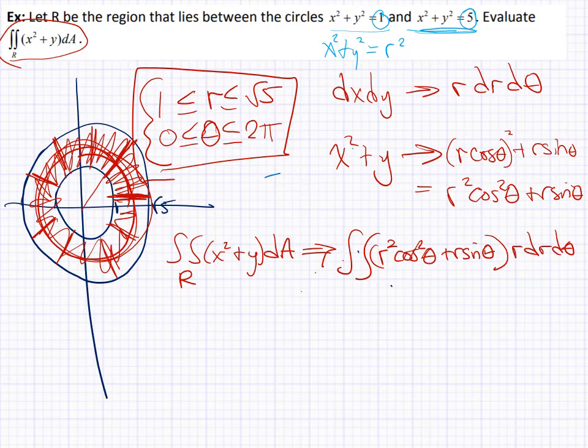And then order, well, looking at this here, constant, constant, constant, constant, order actually doesn't matter at all. So I already have dr and d theta, so let's just keep it that way. So r was 1 to square root of 5, and theta was 0 to 2 pi.